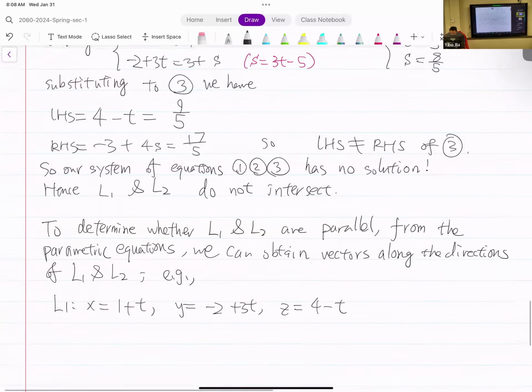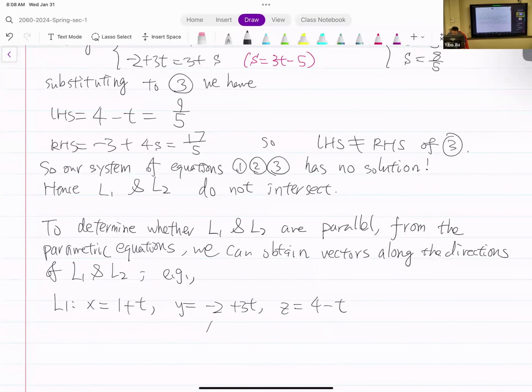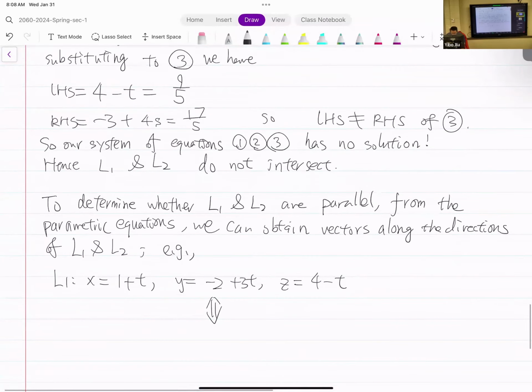So we're writing it again because we want to convert it to the vector form where my vector r is representing x, y, z as a coordinate vector, and we can write it as the vector <1, -2, 4> plus t times the vector <1, 3, -1>.